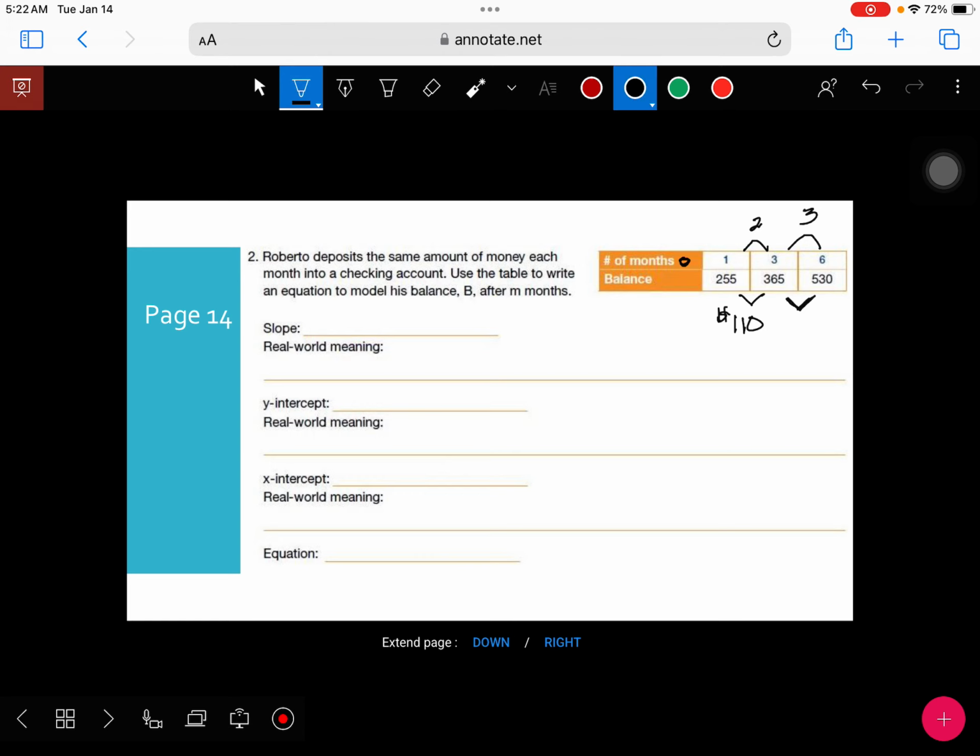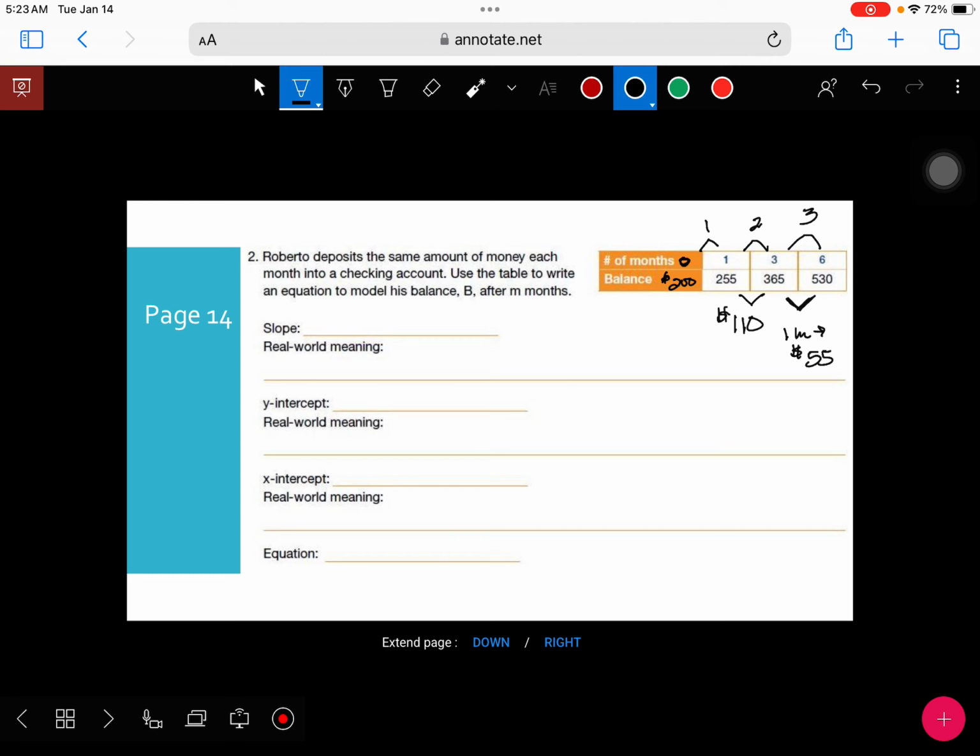1 month is going to be $55. So going backward, if the money is increasing and I go back to when the account was first started, going back $55 would give me $200.